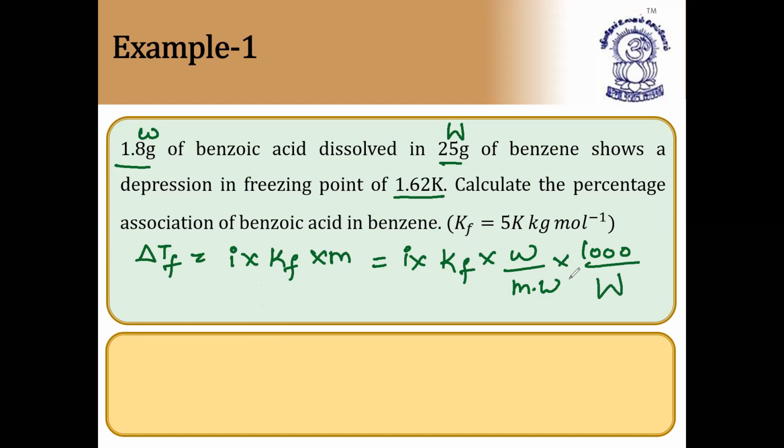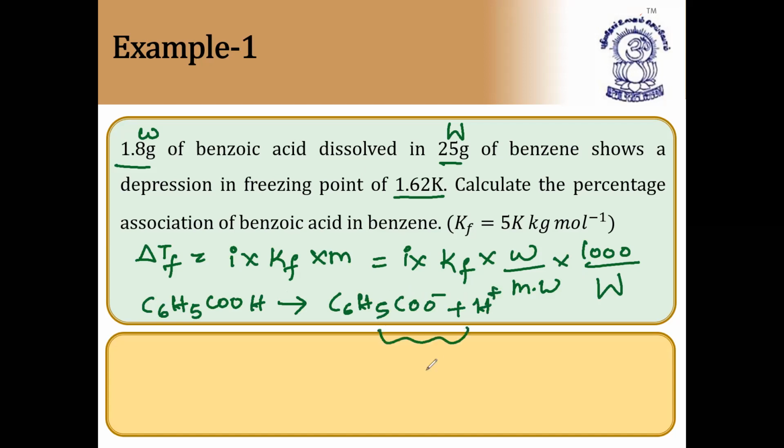What is the value of i for benzoic acid? Very, very important. For benzoic acid, the i value is 2 because benzoic acid dissociates. The benzoic acid formula is C6H5COOH, which is nothing but C6H5COO minus plus H plus.